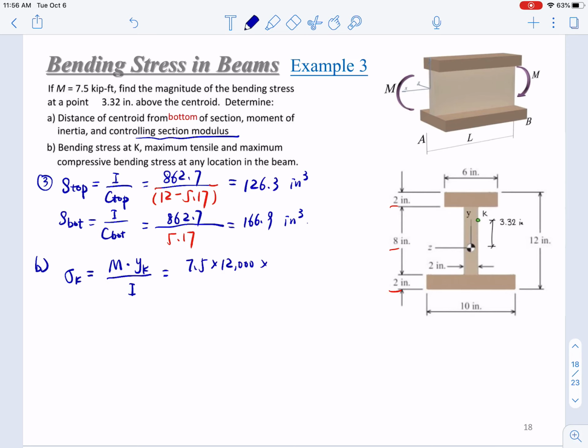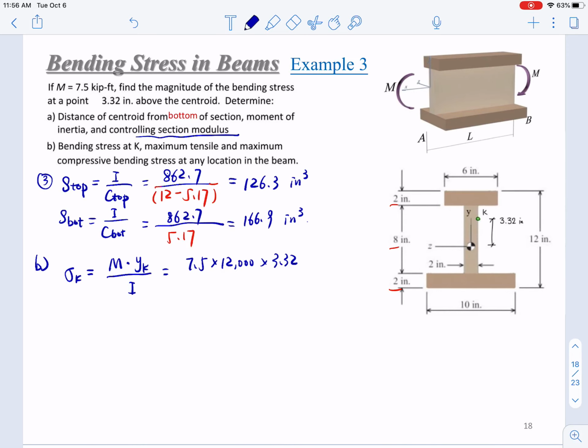The YK is 3.32, over 862.7. Okay, this would be 346 psi. Tension or compression?